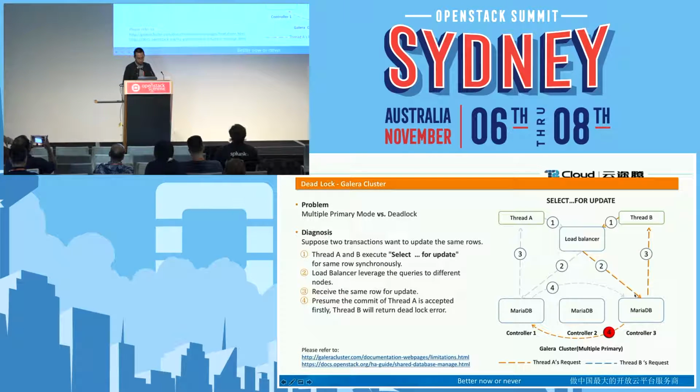If the update request of thread A commit first and sync the bin log to another node successfully, the subsequent update request of thread B will return deadlock error because the data is inconsistent. You can see more details from the bottom following links.